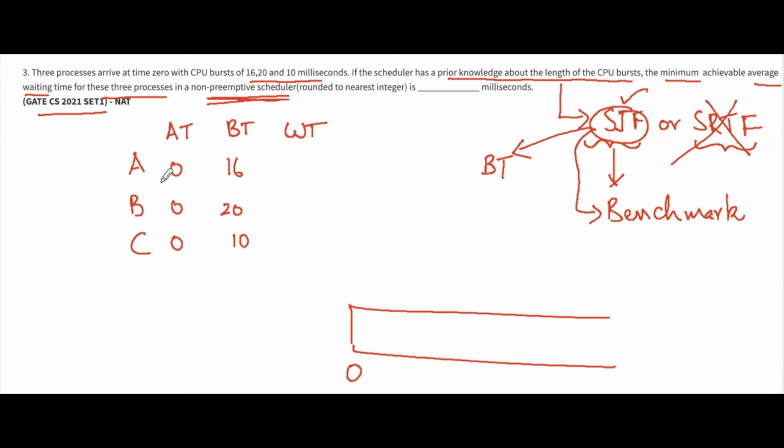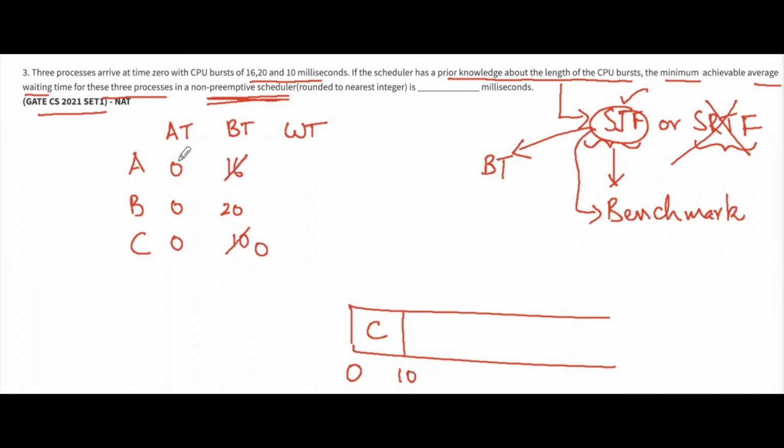Among A, B, C, they arrive at 0, so we have to check which process has the minimum burst time. Among A, B, C, C has the minimum burst time of 10 milliseconds. We have to completely schedule it because it is a non-preemptive process. Then again, among the remaining two, we check which one has the least burst time.